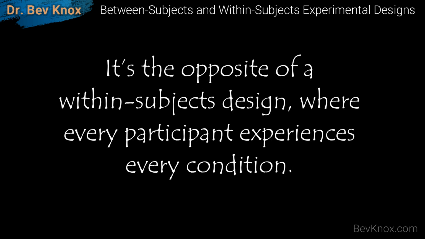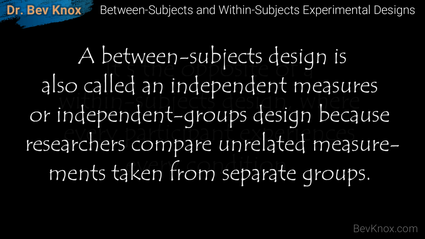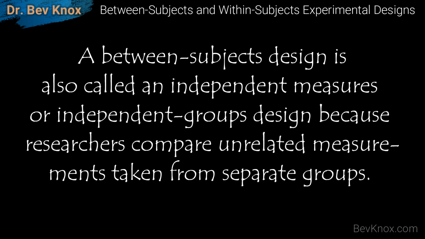It's the opposite of within subjects design, where every participant experiences every condition. A between subject design is also called an independent measures or independent groups design because researchers compare unrelated measurements taken from separate groups.